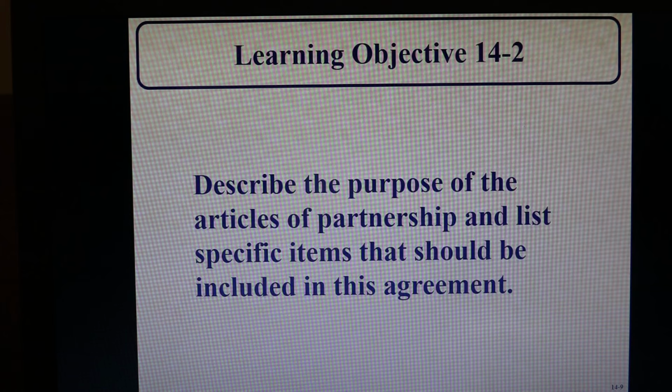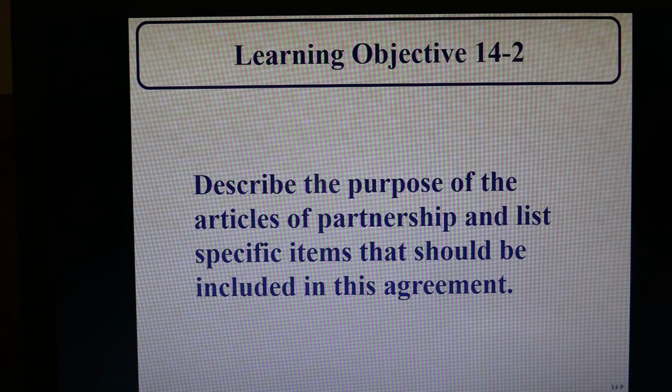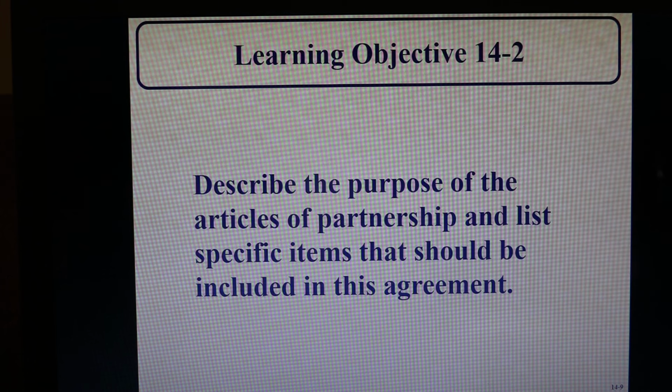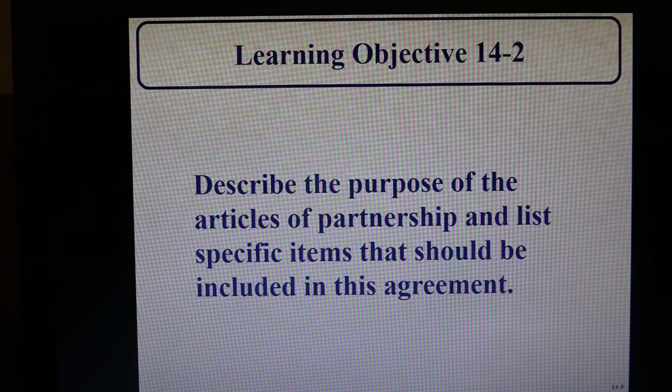The book calls this partnership agreement articles of partnership. I'm not sure where they came up with that term. There's this thing called the Uniform Partnership Act, and its follow-up, which is called the Revised Uniform Partnership Act. And each state has adopted this act into their statutes.